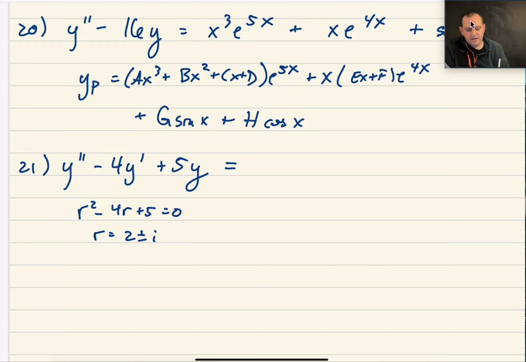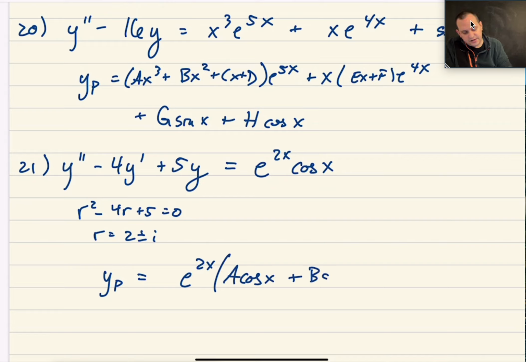And so if we were to have something like e to the 2x cosine of x as the non-homogeneous function, the function on the right-hand side of the equation that makes us non-homogeneous, for our particular solution, what we would do is look at e to the 2x cosine of x. So we would have e to the 2x times a cosine x plus b sine x.